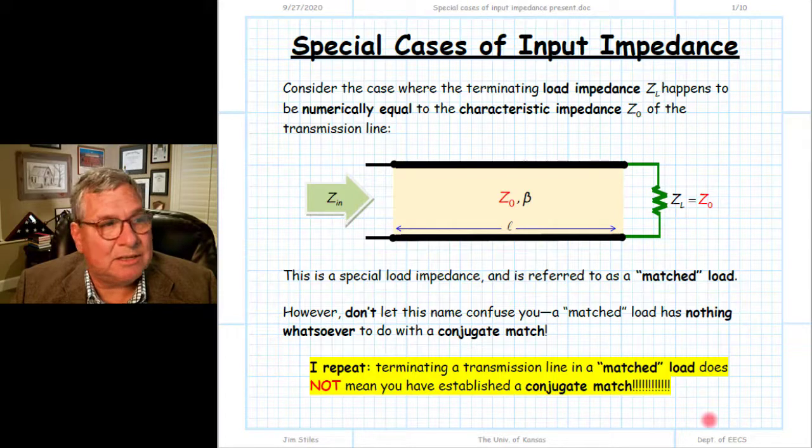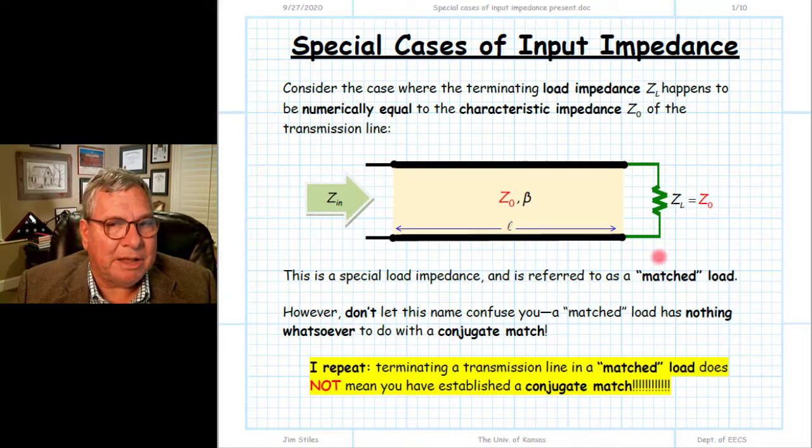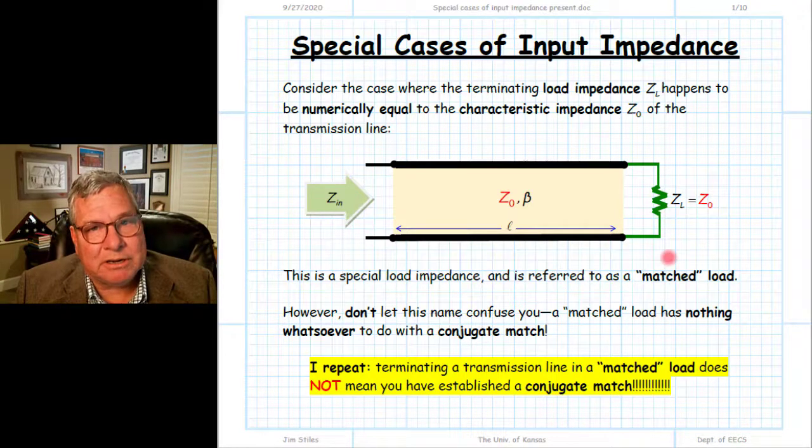And of course, this makes sense because there's no source in the circuit. All we're doing is talking about an input impedance or load impedance. We have to have a source impedance before we can determine whether a conjugate match exists. A load by itself is not sufficient, and therefore we cannot conclude that we have a conjugate match. Again, we don't even have a complete circuit here.